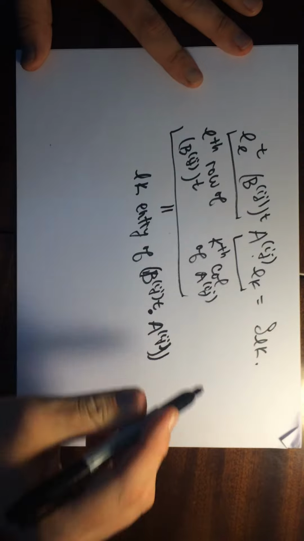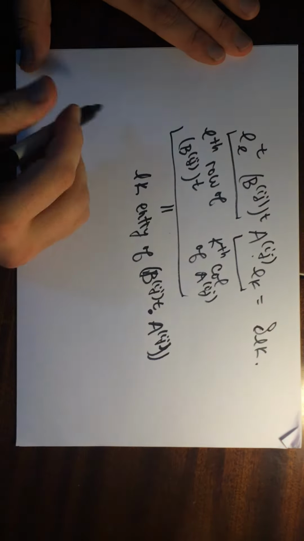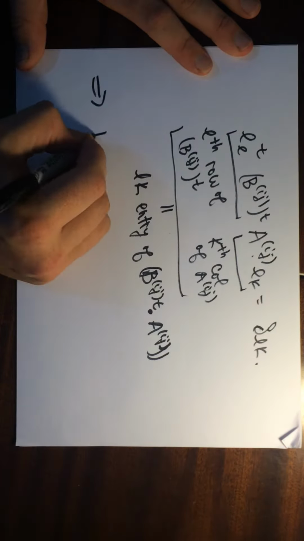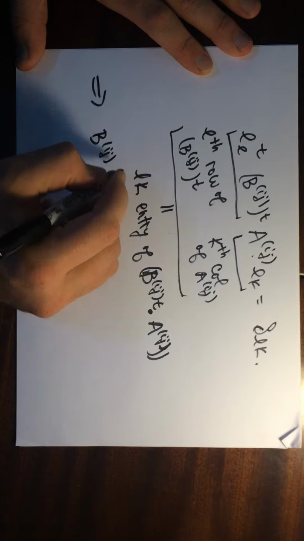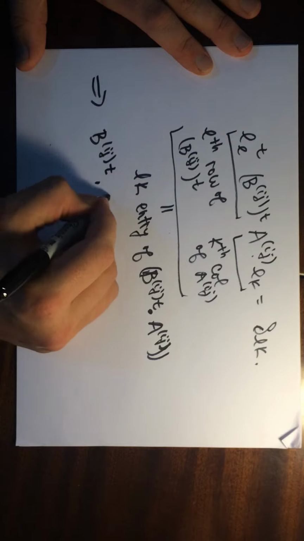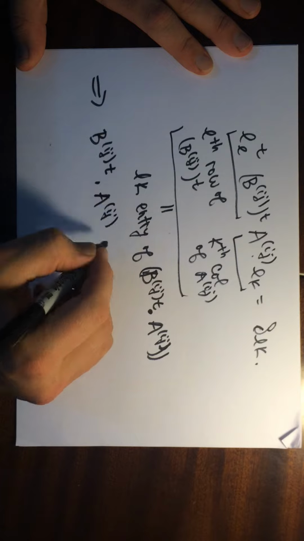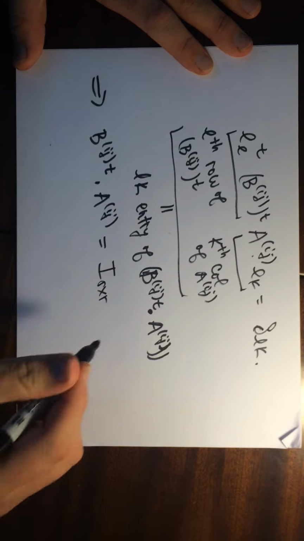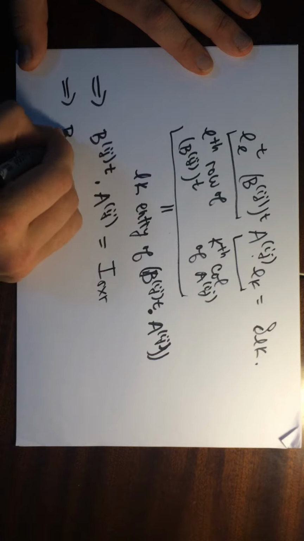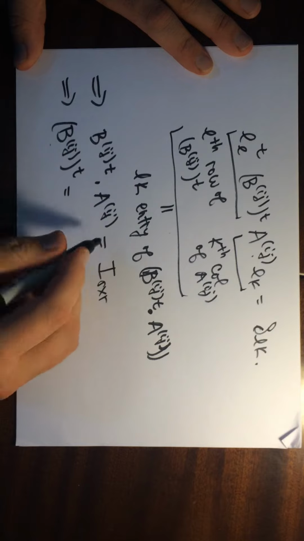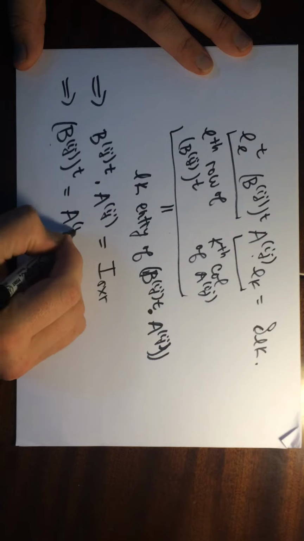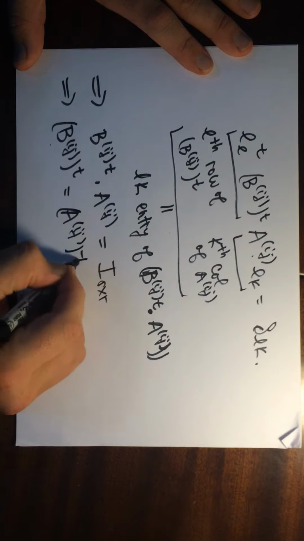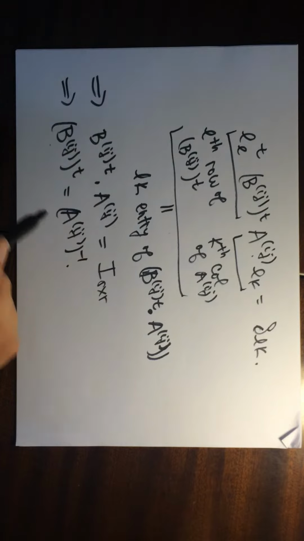Okay, and so this is equal to this identity. So this implies that B_ij transpose times A_ij is equal to the identity. So this is the r by r identity, which tells us that B_ij transpose is equal to, well, just A_ij inverse. Okay, and now the rest follows.